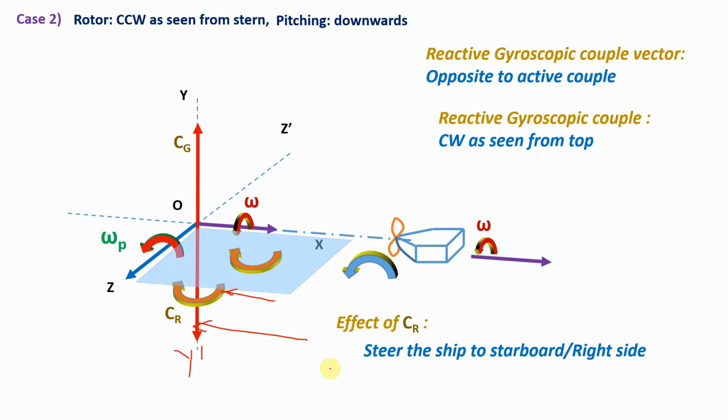An angular quantity always acts in a plane perpendicular to its vector, and XOZ is the plane perpendicular to the vector representing CR. So CR will act in the horizontal plane XOZ, and the effect of this will be that it will try to steer the ship to the right side or starboard side. Okay, thank you.